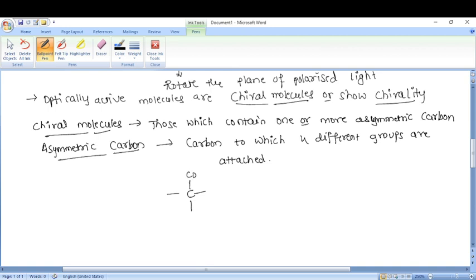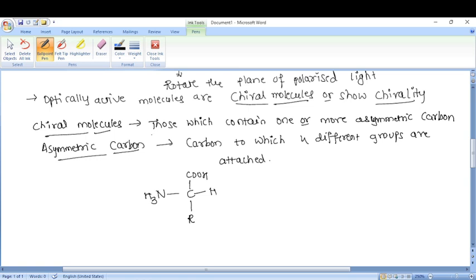That is COOH, NH3, H, and here is an R group, that is the side chain. If all four groups on the carbon are different, that carbon is called the asymmetric carbon.